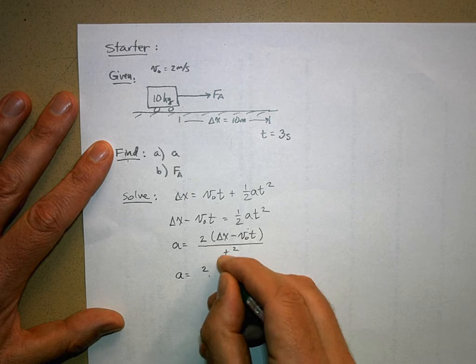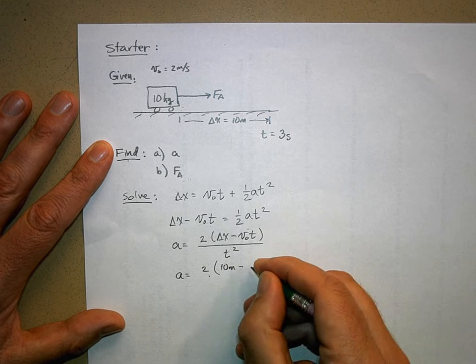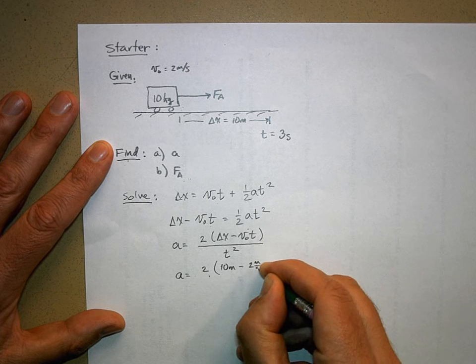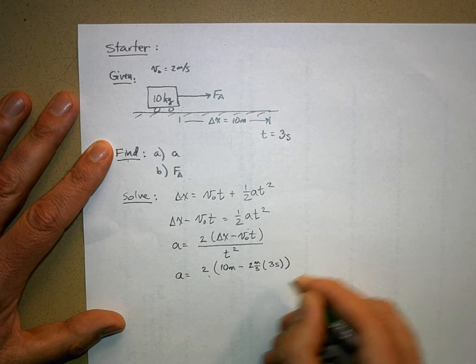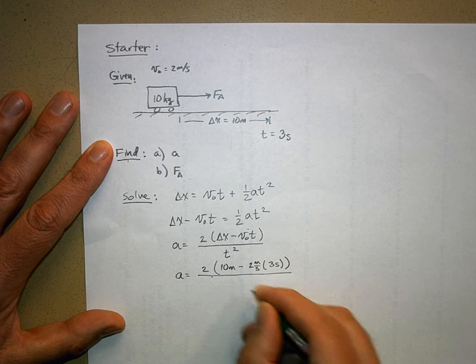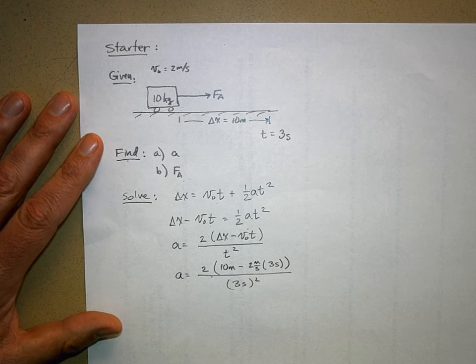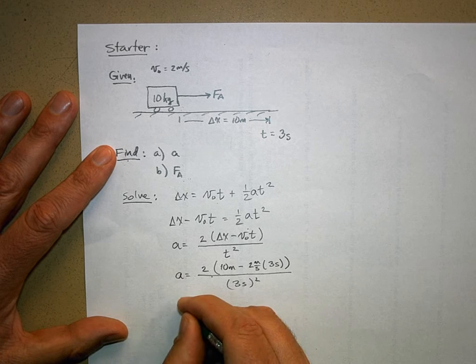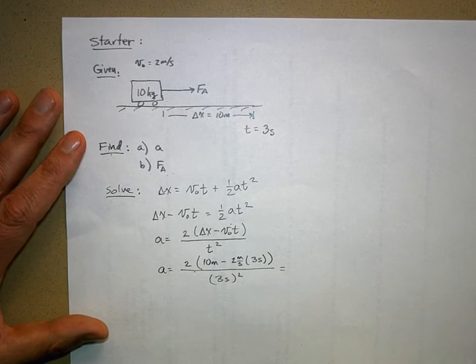This is 2 times delta x, which was given to be 10 meters, minus 2 meters per second times 3 seconds, all over 3 seconds squared. I don't know if I can do this without a calculator or not. Let's try to do it without a calculator.